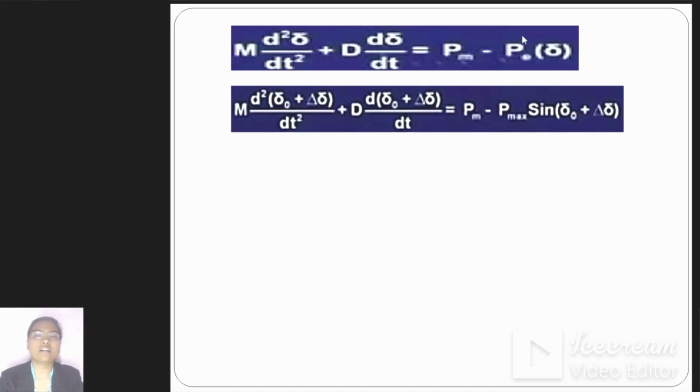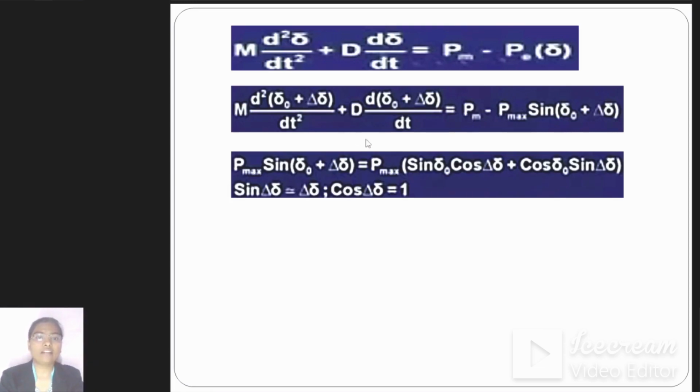Now we have considered a small disturbance for analysis purposes. Then delta will change, giving M d squared of delta 0 plus delta delta by dt squared plus capital D into the derivative of delta 0 plus delta delta by dt is equal to Pm minus P max sine of delta 0 plus delta delta. Here we are considering a small disturbance in rotor angle.